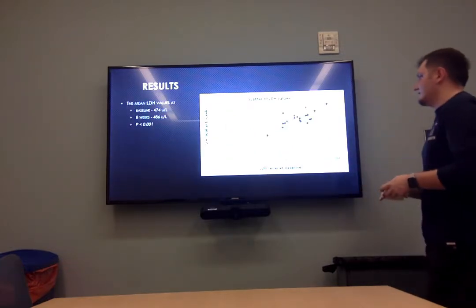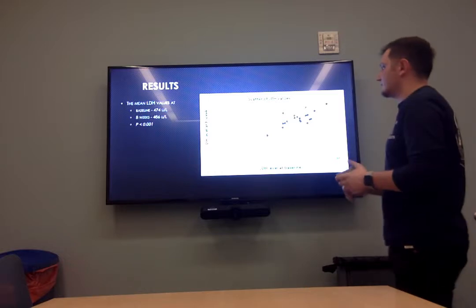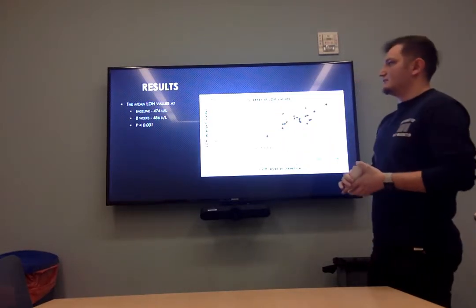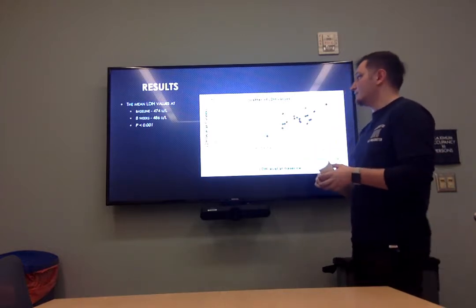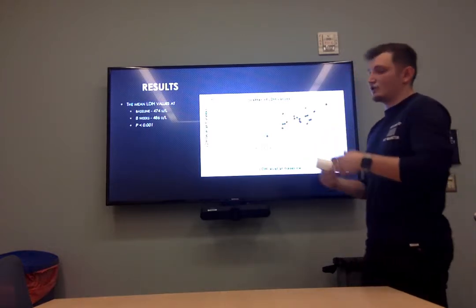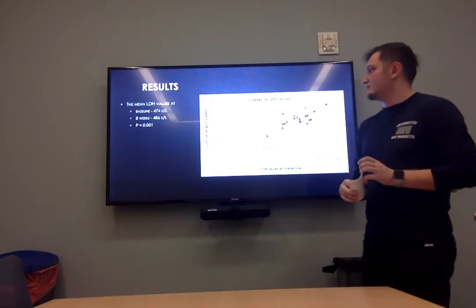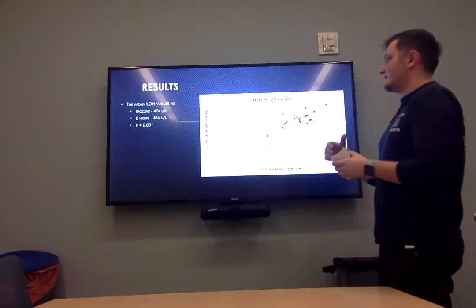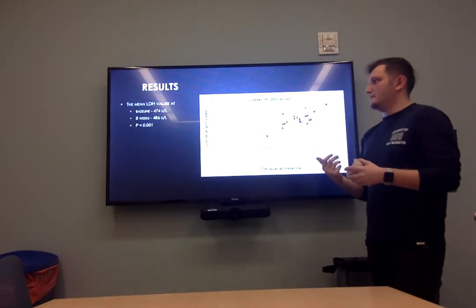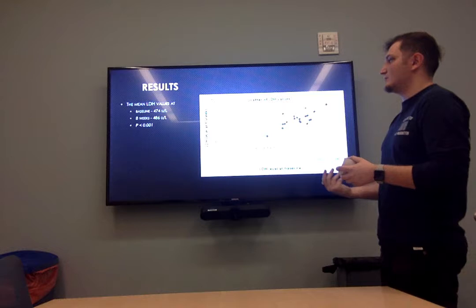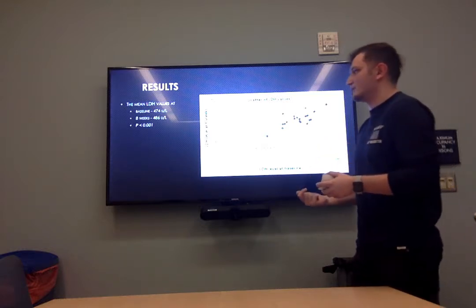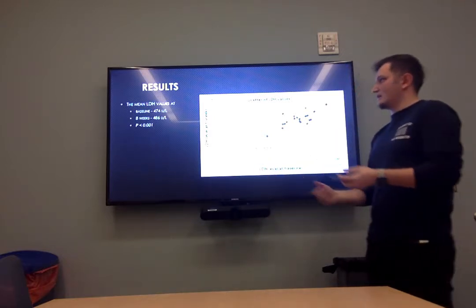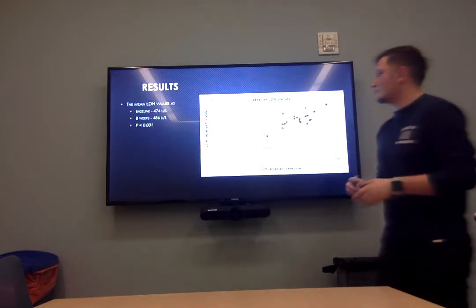Here we have another graph. The mean LDH values recorded were 474 units per liter at the baseline, at the beginning of the 8 weeks. After the 8 weeks, the mean LDH was 486 units per liter, which gave them a p-value of less than 0.01, which indicates a significant value as well.